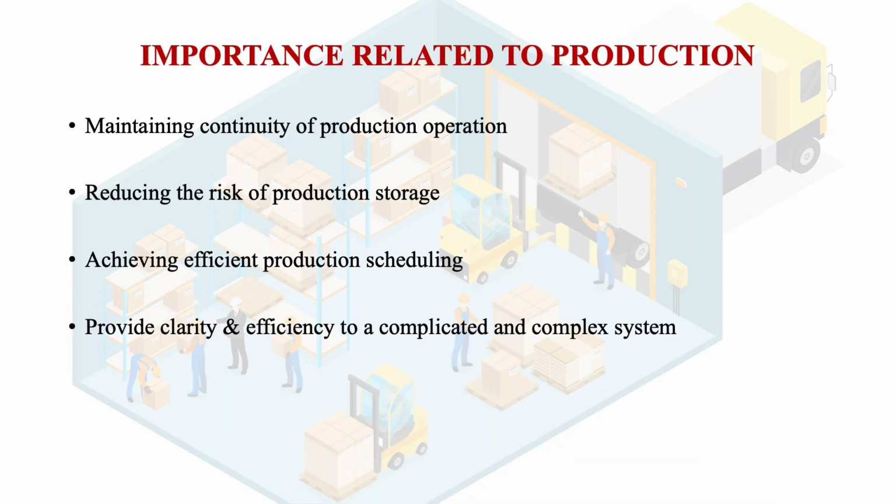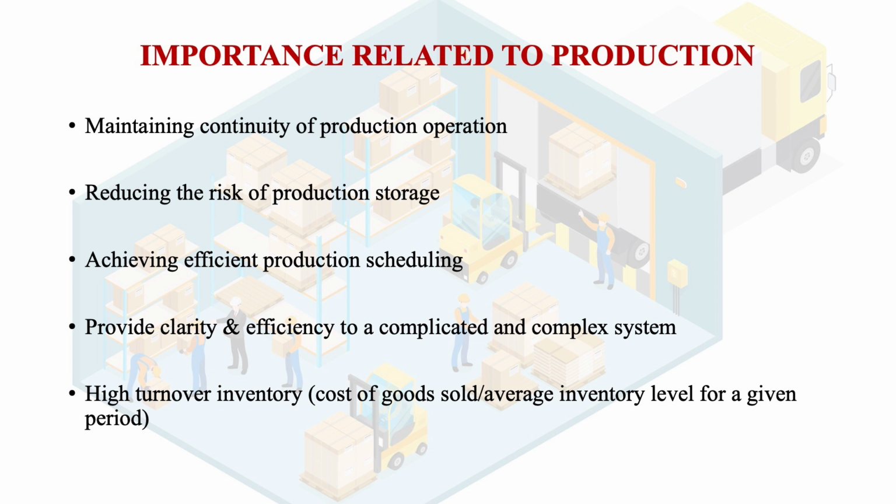Provide clarity and efficiency to a complicated and complex system. If you have a systematic inventory management system, there will be computerized monitoring, and there will be clarity about what stocks are available and how much time it will take to get other stocks. So this will overcome complicated and complex systems. High turnover: the cost of goods sold divided by the average inventory for the given period.